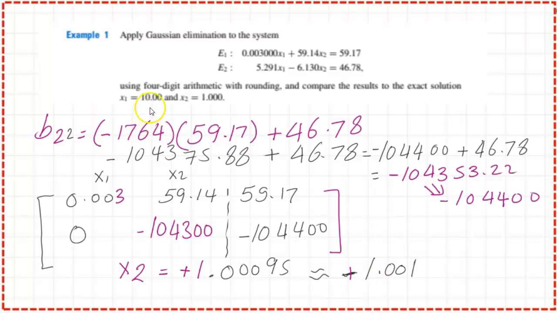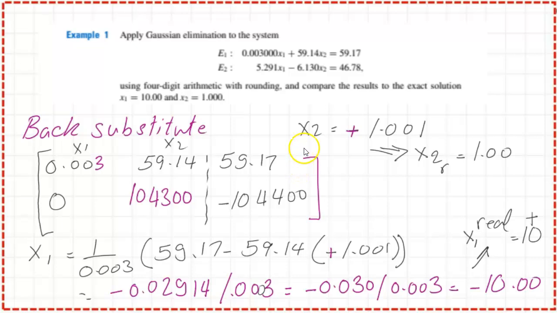We can see the difference. There is a big error because the exact value of x2 is 1, while due to this division without row exchange, we get x2 equal to plus 1.001. We will make back substitution that we are going to see in the next slide.